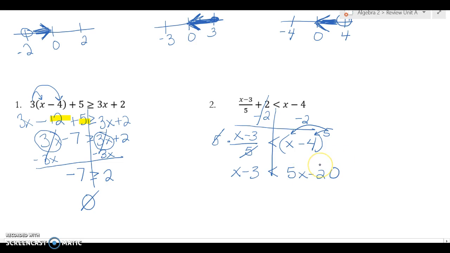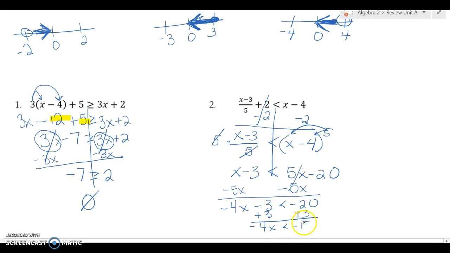Now again, I like to move my variables to the left so I shade on the right way. So I'm going to move my 5x. So I get -4x minus 3 less than -20. I'm going to add 3 to both sides. So I get -4x is less than -17. And I'm going to divide by -4. Now look, I divided by -4, so now I have to flip it.